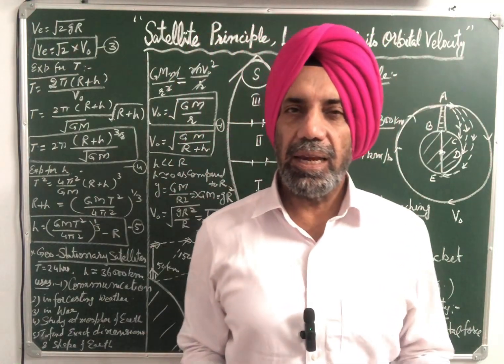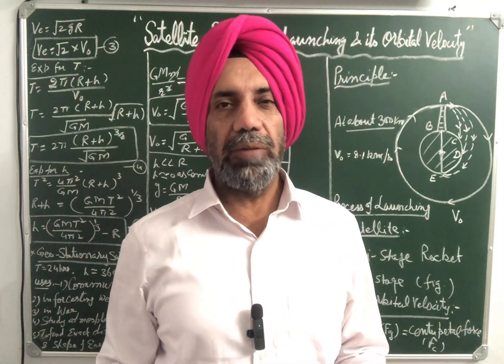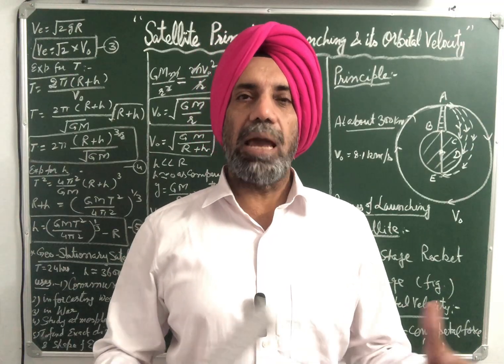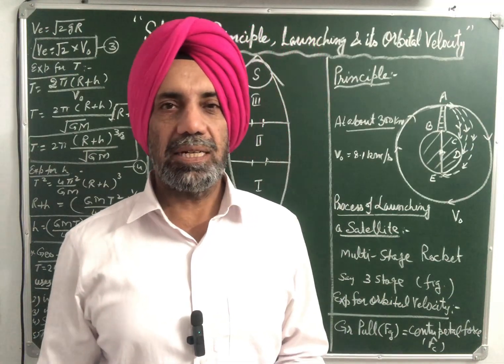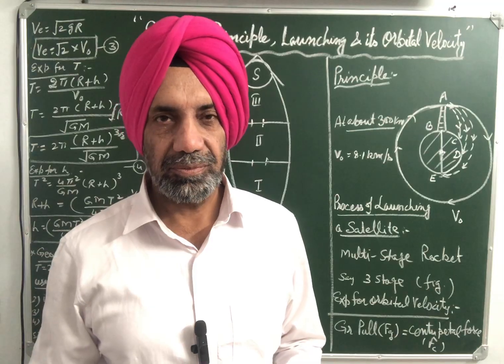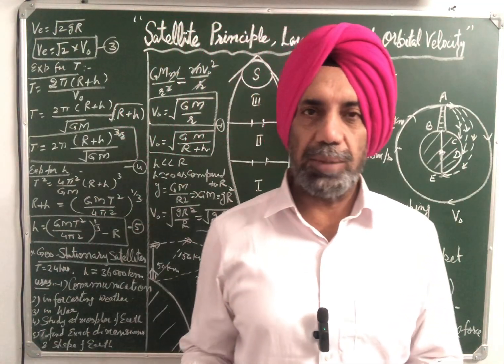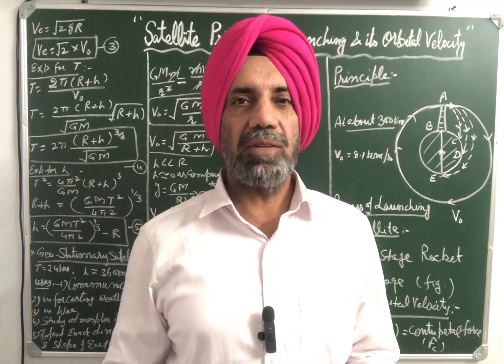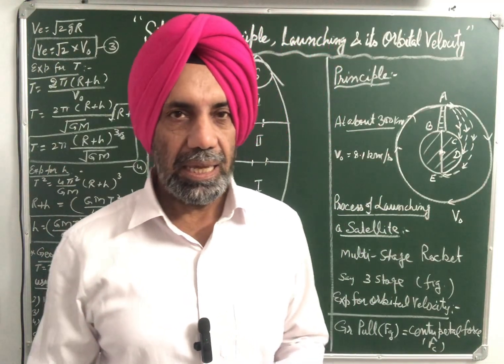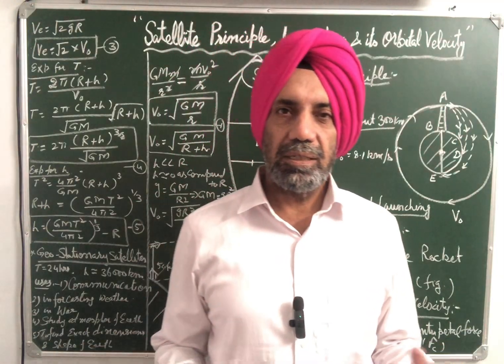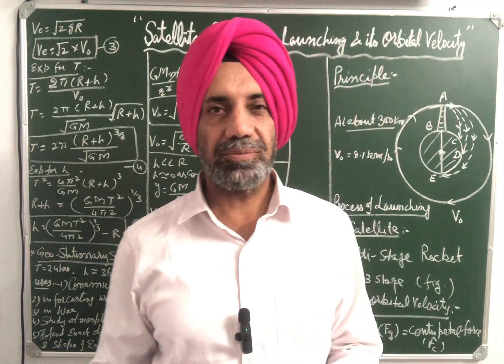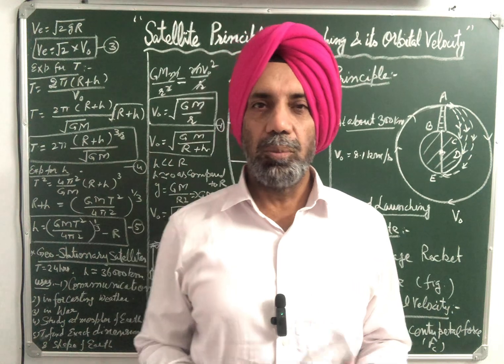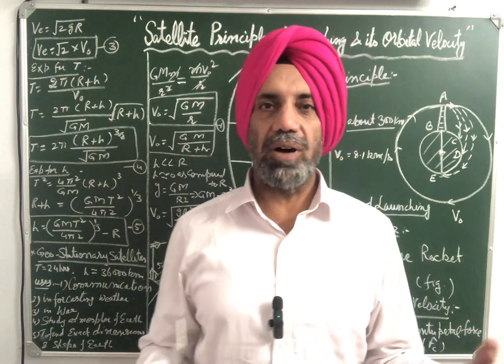Any light body revolving around a comparatively heavy body is known as its satellite. Satellites are of two types, natural satellites and artificial satellites. Natural satellites means God-made satellites, like the moon is a natural satellite of Earth.